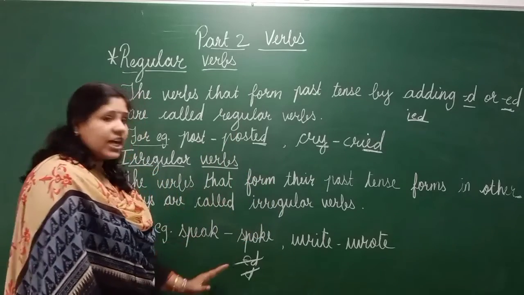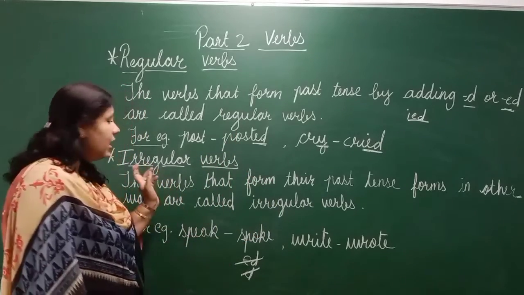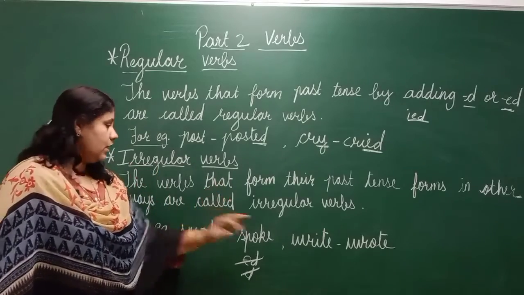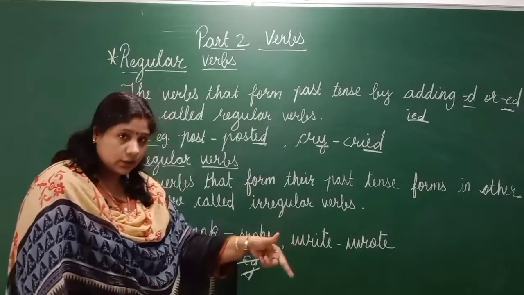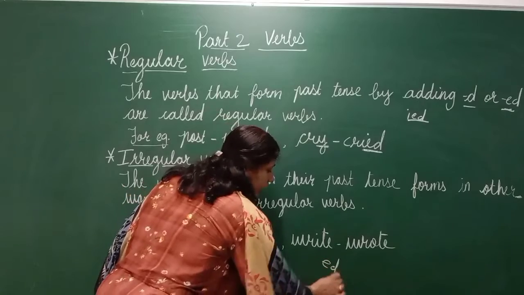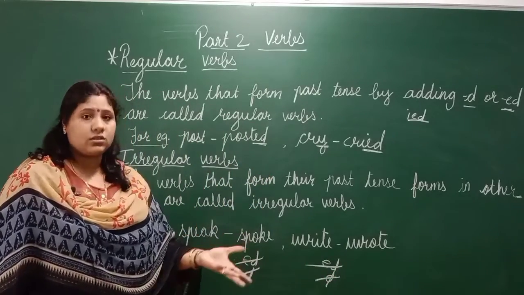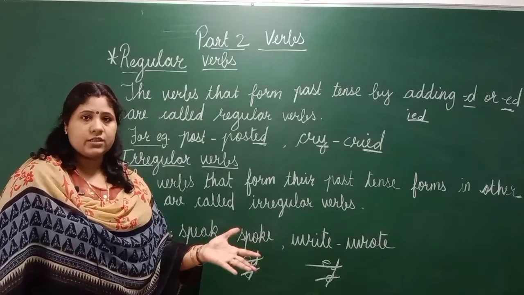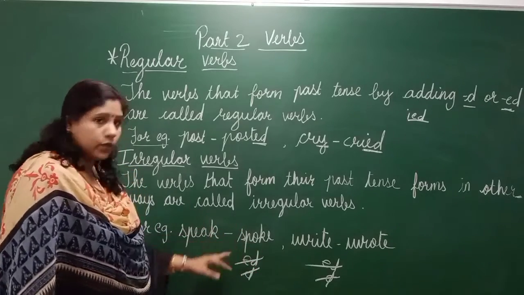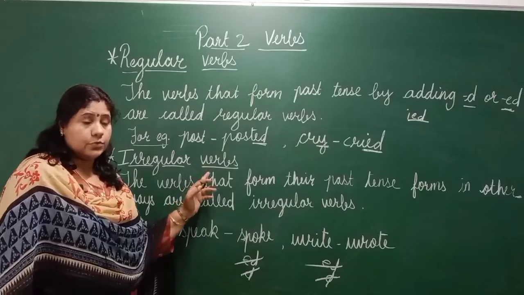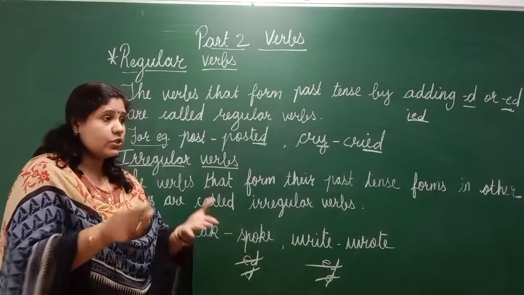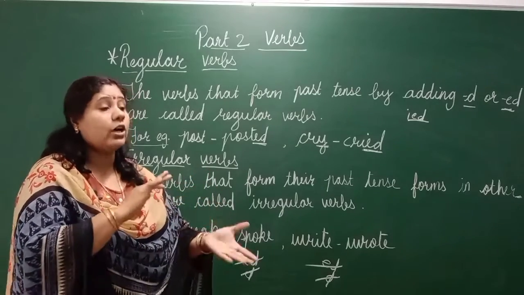Write, wrote. Here we are not adding ED or D. Isn't it? Seek, sought. It's completely different. These verbs are formed in another form, not by adding D, ED or IED.